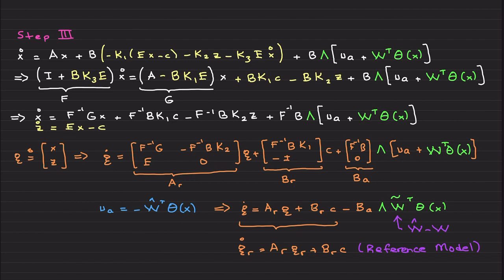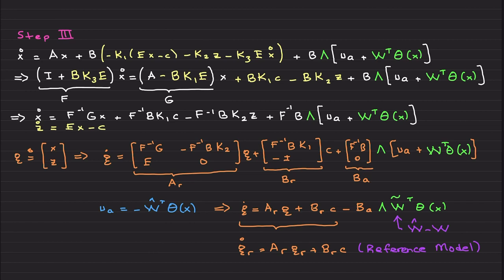And here we are dealing with matrices, so you need to be super careful with your math. So first of all, x dot here, I am going to send it to the left side of the equation. So if you look at B minus K3 E, it is multiplied by x dot. So I am sending it to the left hand side. We have identity coming from x dot here plus B K3 E.